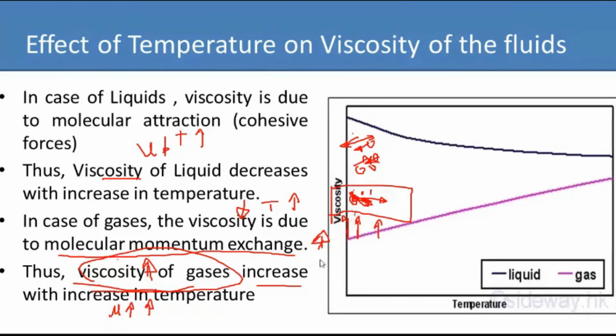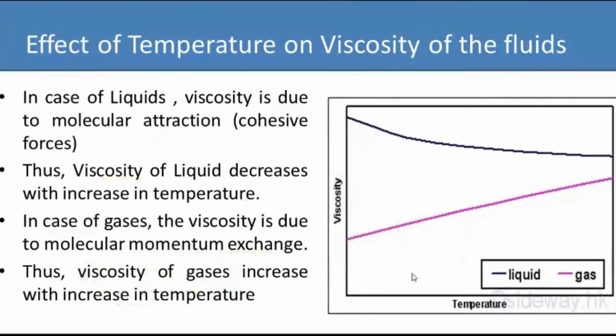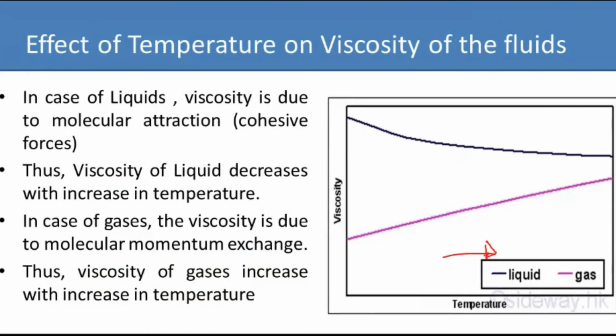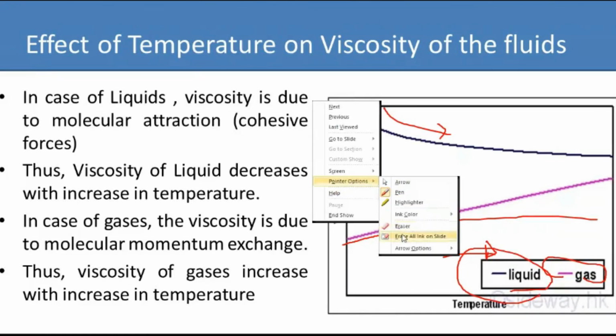That is also shown by this graph: as the temperature is increasing, the viscosity of gases is increasing, while the viscosity of liquid is decreasing. Okay, so today we will stop here.